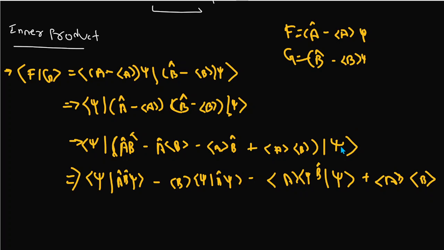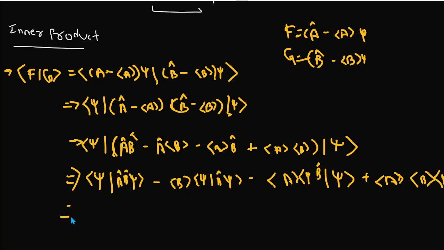Psi and psi in the inner product will be 1 because it is normalized. That's why I'm not writing it here. For your convenience, I'm going to write it like this.